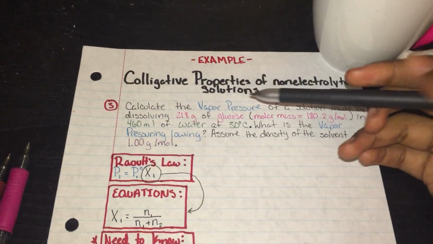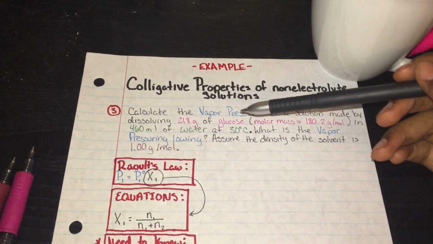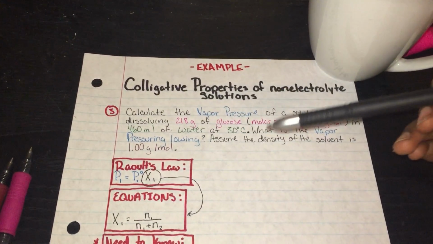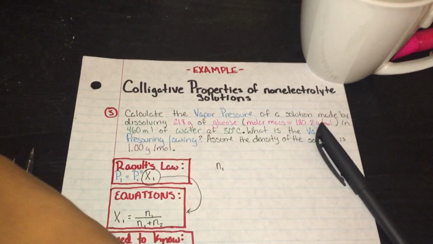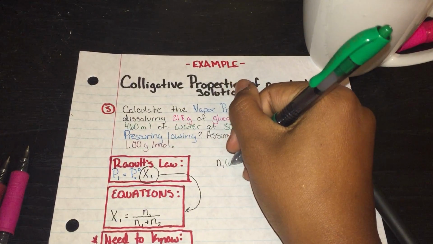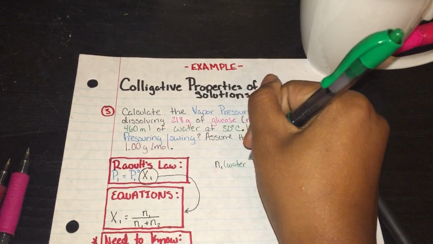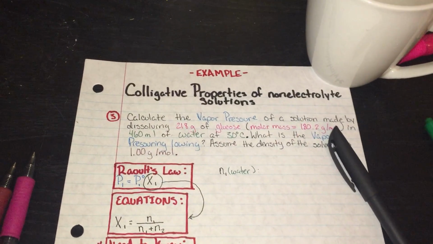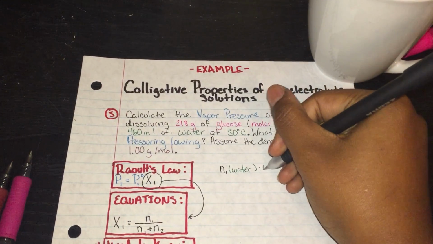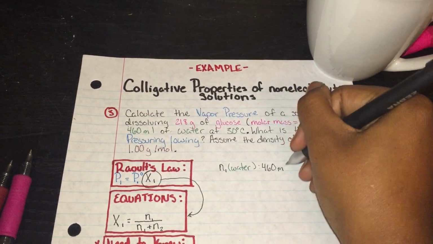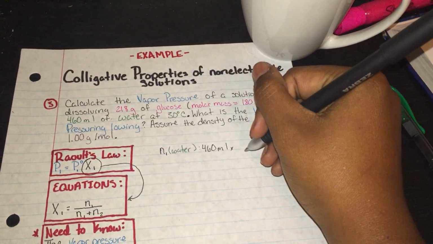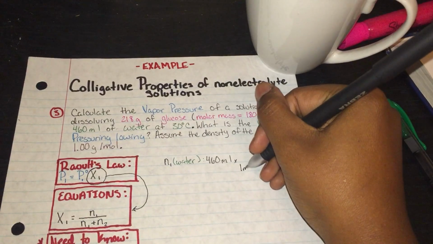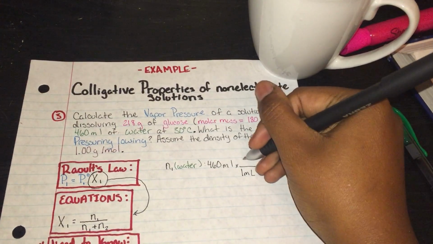So to begin, we first need to convert the grams of glucose and the milliliters of water into moles. So let's have N1 be our water. This is equal to 460 milliliters. And next we're just doing some simple conversions. 1 milliliter of water, and this is where our density comes in.